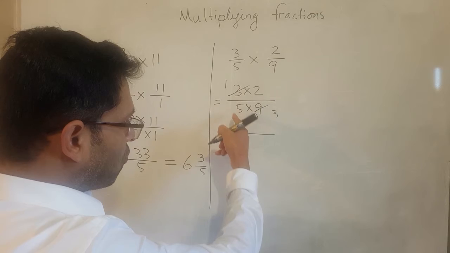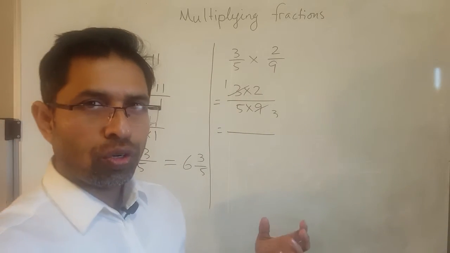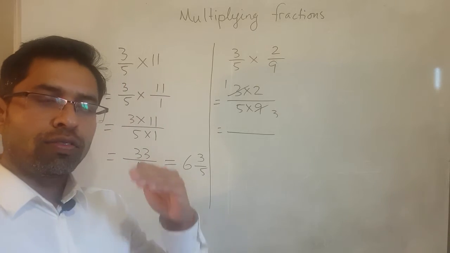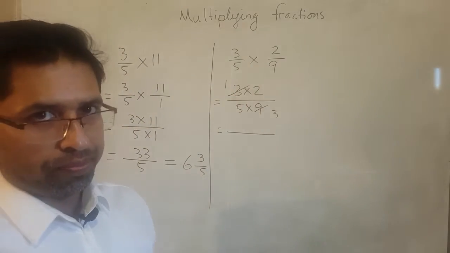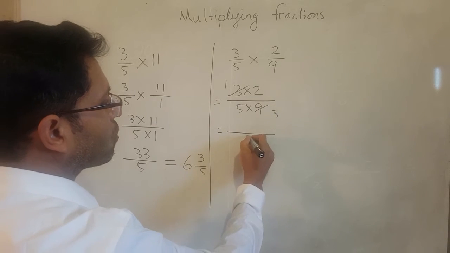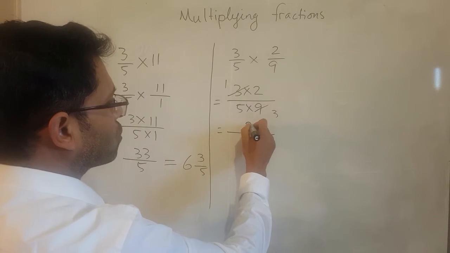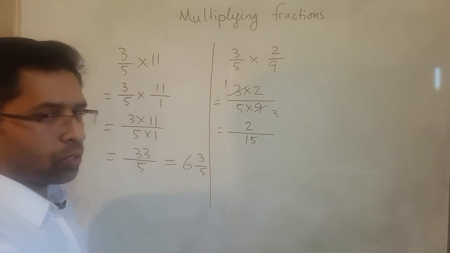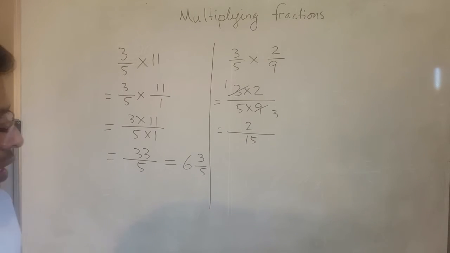So I am dividing numerator and denominator by 3. Make sure you are dividing the numerator with the denominator, not numerator with the numerator. Now we can see that we have 5 and 3 in the bottom, which is 15 in the denominator. 2 times 1 is 2. There is no common factor between 2 and 15, so we can leave the answer like that.